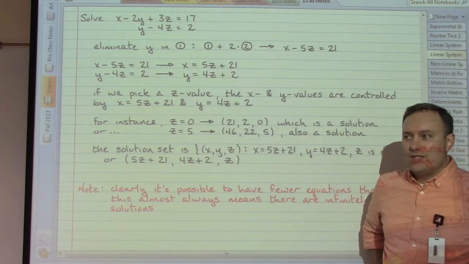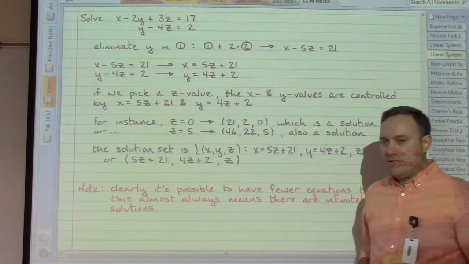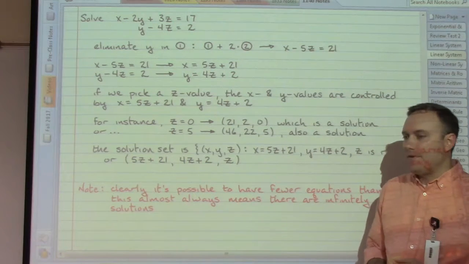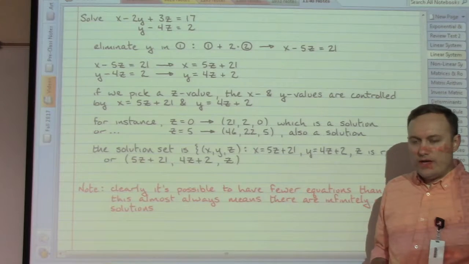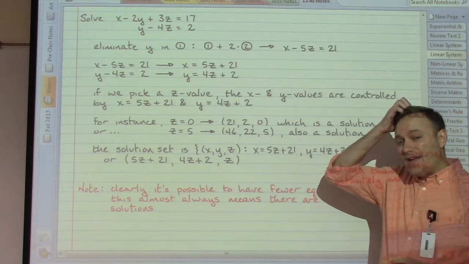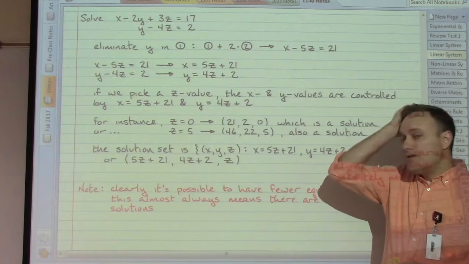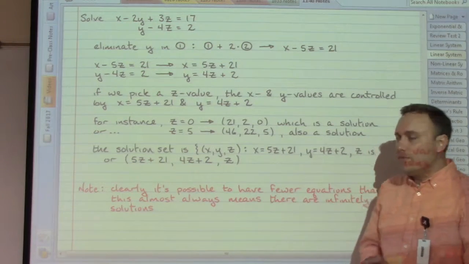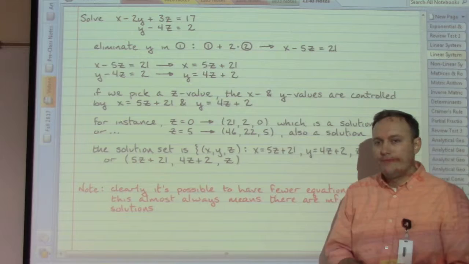So this is one of those things that we can automatically steer towards when we see certain things happen. If we had 3 equations in 3 variables, we wouldn't have had a guarantee about how that turned out. Could be that we had one solution, could be that we had no solution, could be that we had infinitely many solutions.